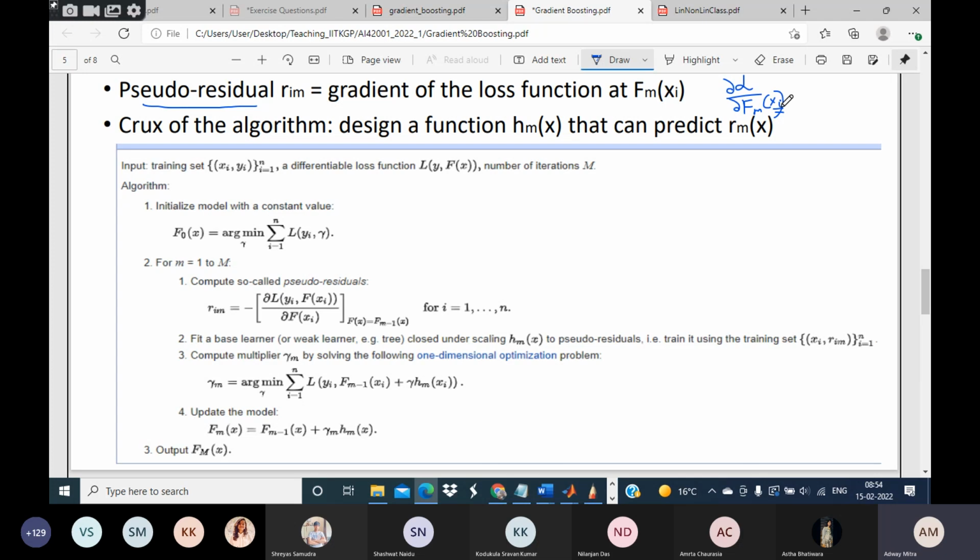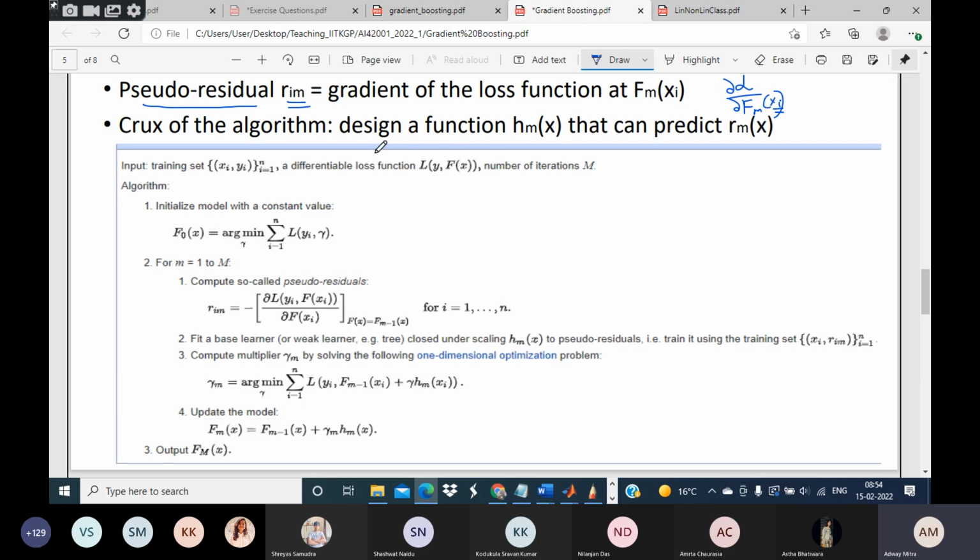You cannot define these pseudo residuals for any general data point. You have to define it for one particular data point and for the particular stage of the function. So I define the pseudo residual as RIM. It is different for different data points as well as for different stages of the function.